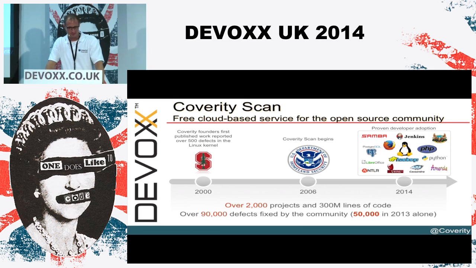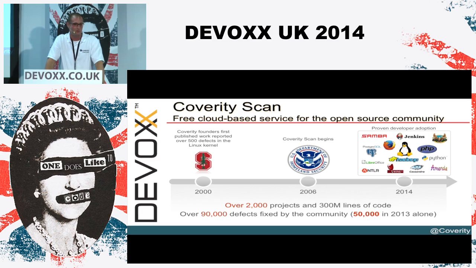In 2006, with funding from the American Department of Homeland Security, we launched this project called Coverity Scan. The goal was to improve the state of quality and security in all of these open source packages that not just the US, but the whole world really relies on day to day. So this ran for a few years, and then budget ended in 2009. But as a company, we've decided to stay committed to this project.